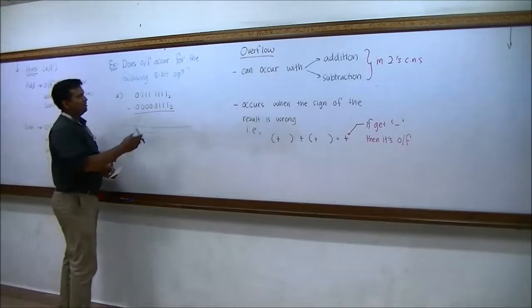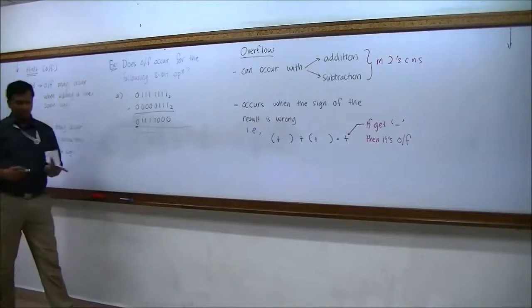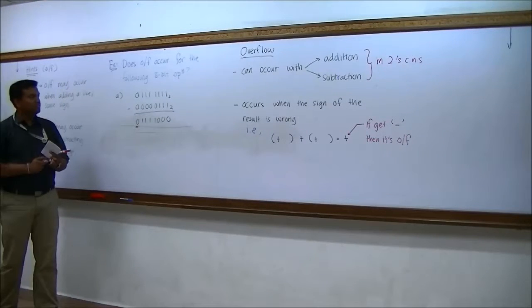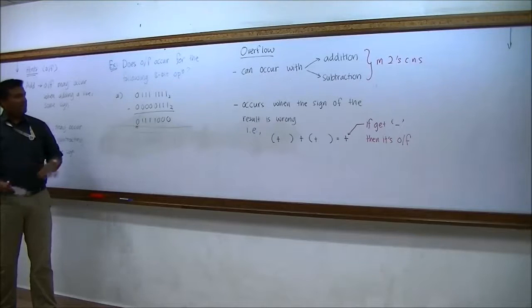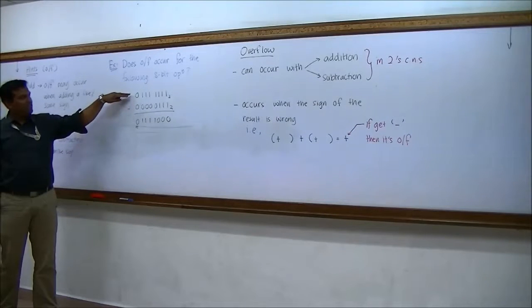1 minus 1, obviously here, 0, 0, 0, 1, 1, 1, 1, 0. You still get positive. So that means positive minus positive. Actually this one also depends, right? This is positive minus positive. If this number is bigger, the answer becomes positive.